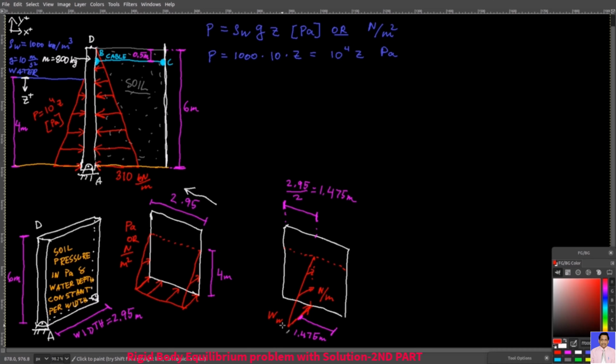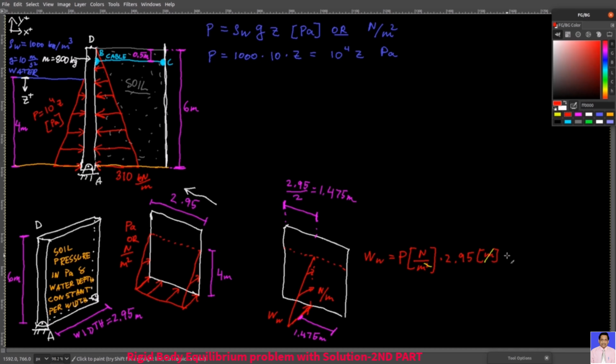This is the pressure distribution per unit length for water. It equals pressure in newtons over meter squared times 2.95 meters. I make some unit cancellations and I'm going to be left with 2.95 times 10 to the power of 4 Z newtons over meter.